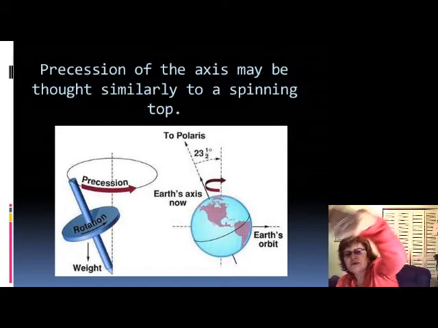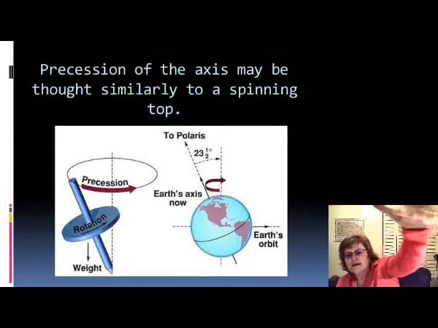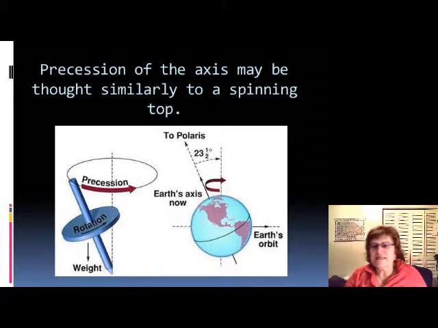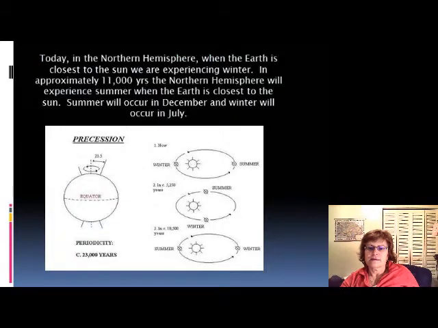The precession has a cycle of 20,000 years. And in approximately 11,000 years, the northern hemisphere will experience summer when the Earth is closest to the sun. Summer will occur in December and winter will occur in July.